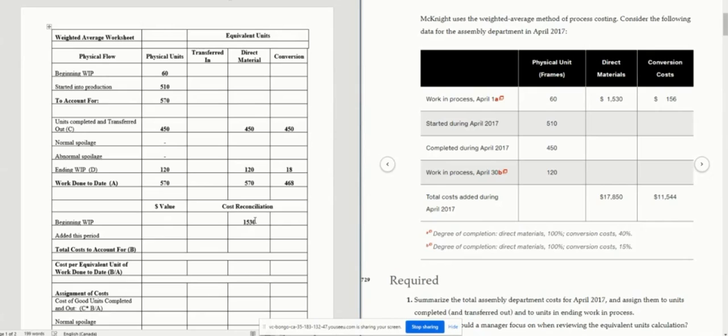I guess I probably should put in a dollar sign just so people know that this is money we're talking about. And $156. So what's that total? 1,686.